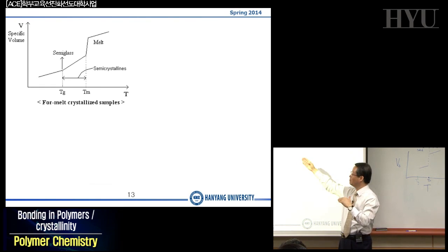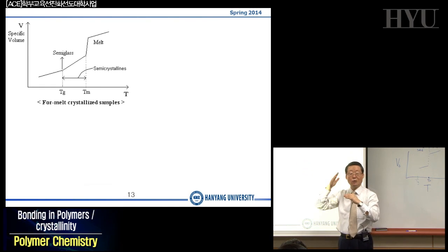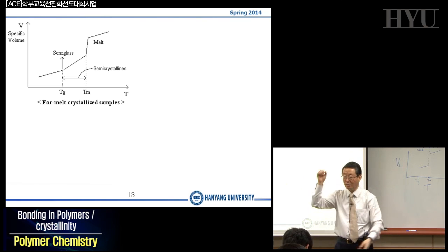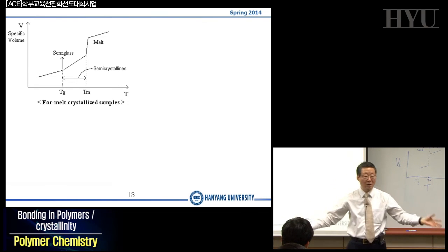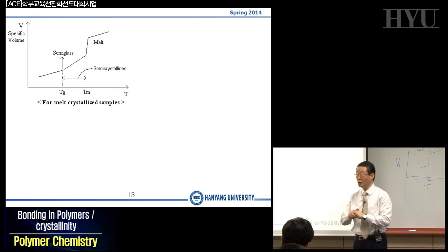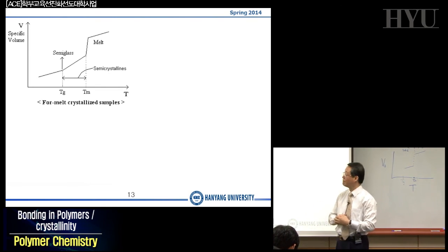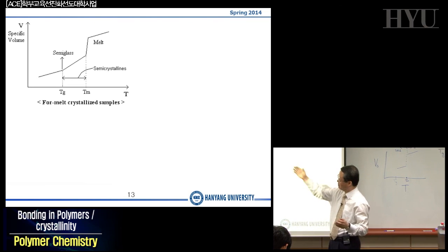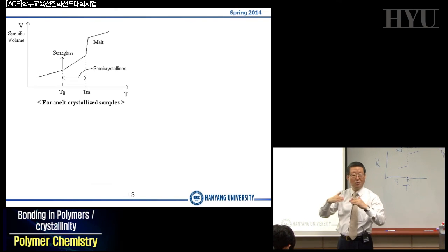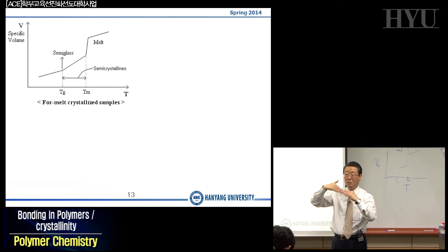But above the melting temperature, or when you reach it, it becomes random. You have a lot of motion because of the melting of your crystals. Anyway, below the melting temperature, you have two different slopes.